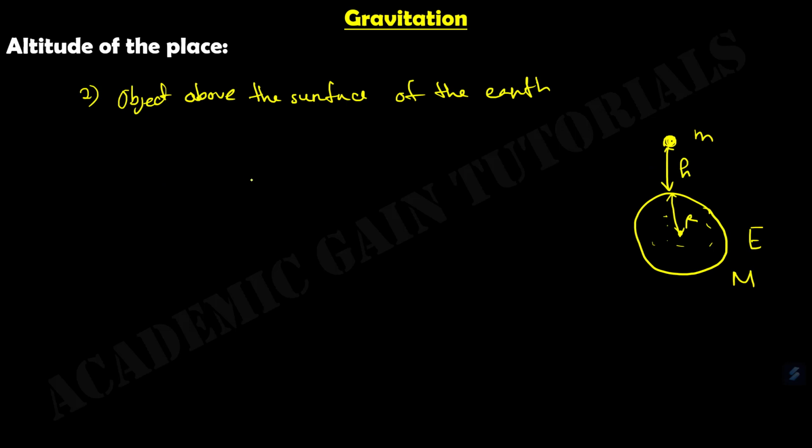In that case our gravitational acceleration g of h equals to GM by (R plus h) whole square.